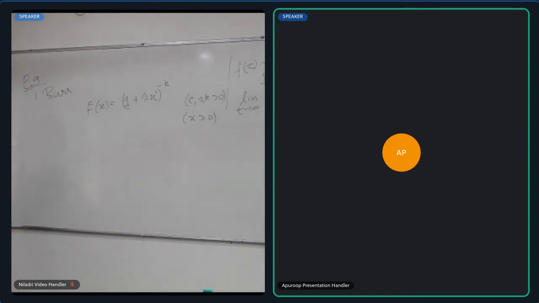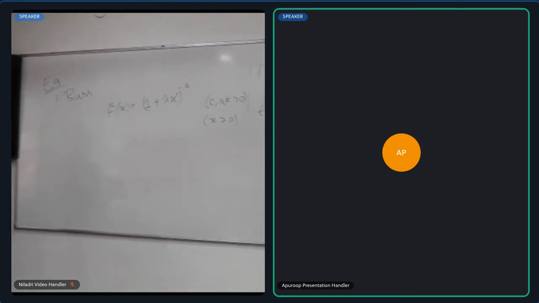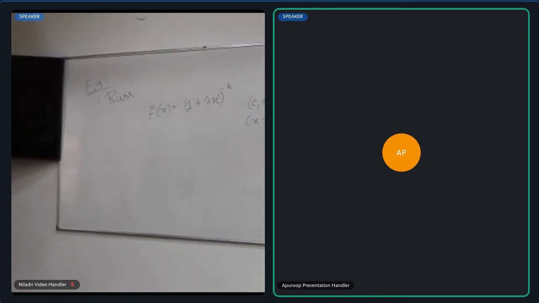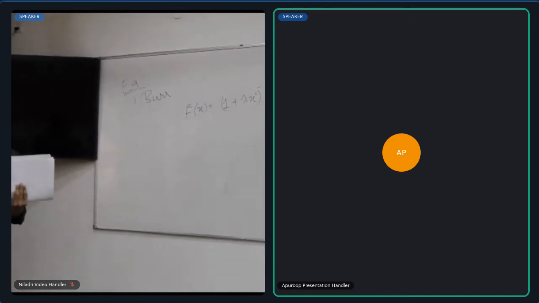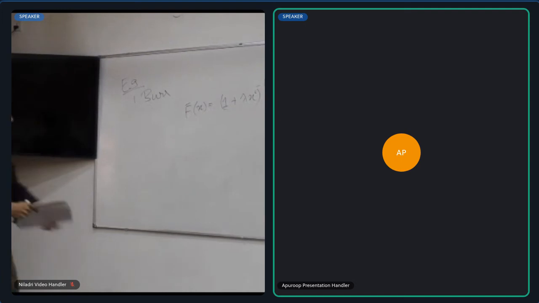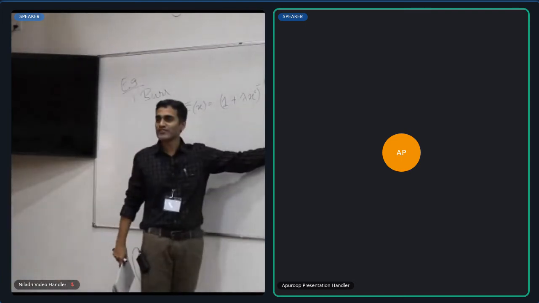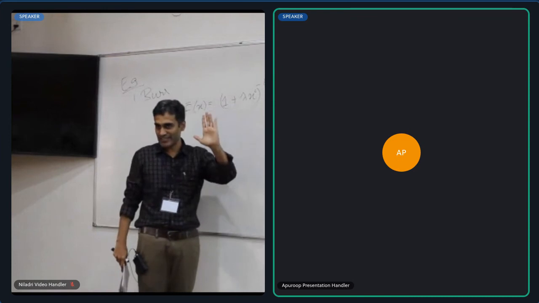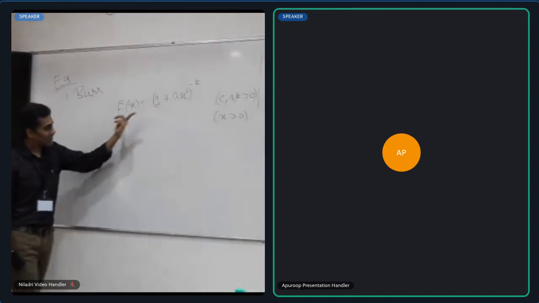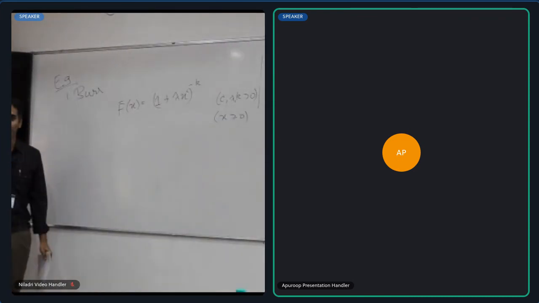For example, if lambda is 1 and c is 1, this looks like (1 plus x) raised to minus k. The Pareto is sharp: there's no density up to x_m, and then your power law begins right away. This is a bit more gradual because the support is from 0 to infinity. But yes, this class of distributions is called Burr.